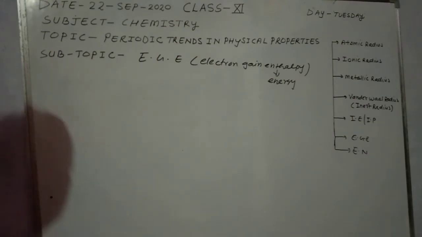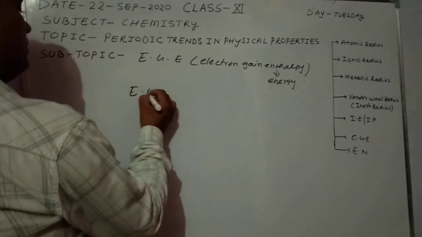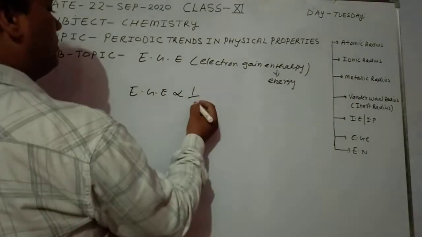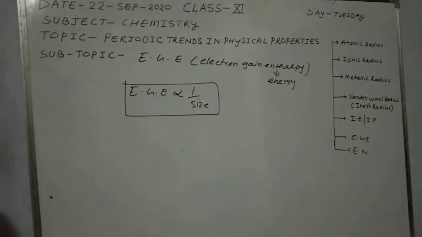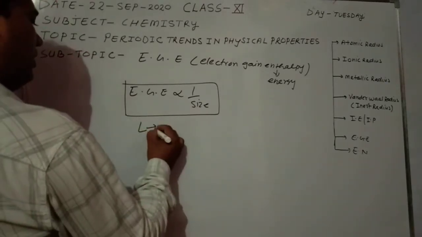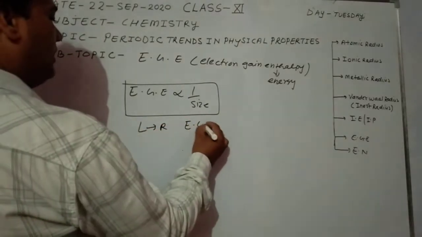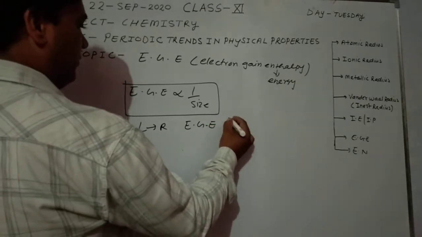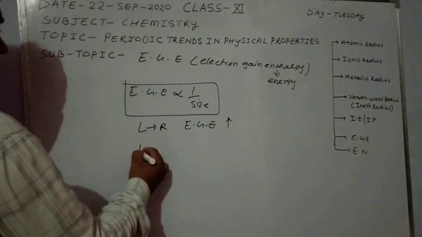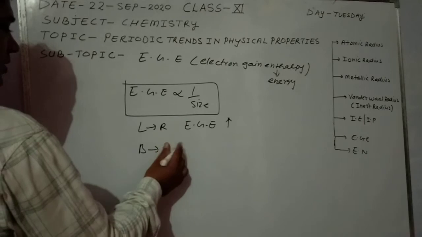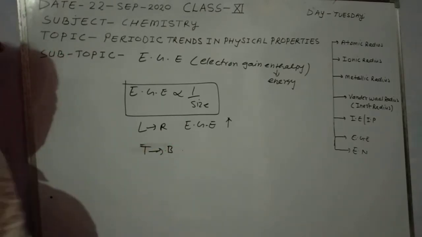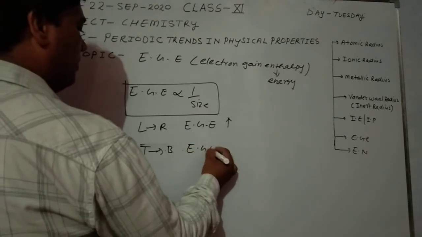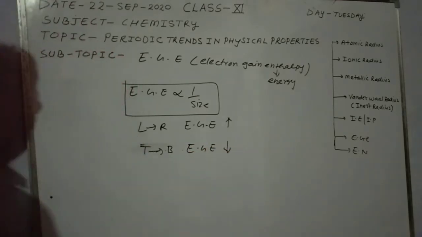Next, electron gain enthalpy is inversely proportional to size. When size increases, electron gain enthalpy decreases. So on moving from left to right, electron gain enthalpy increases, but on moving from top to bottom in the periodic table, electron gain enthalpy decreases.